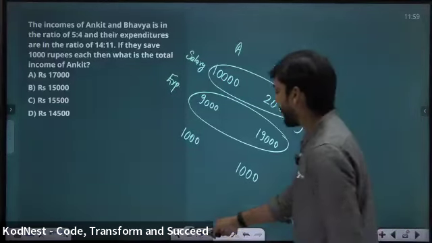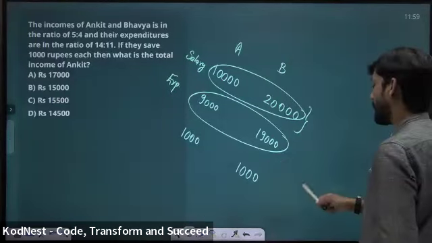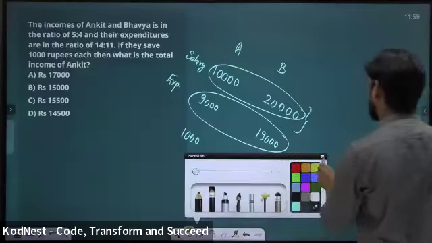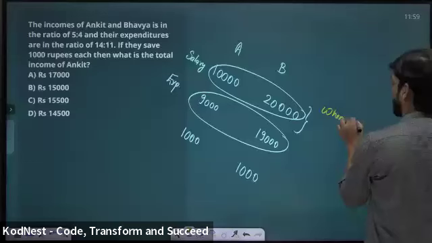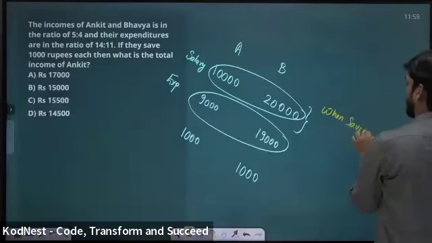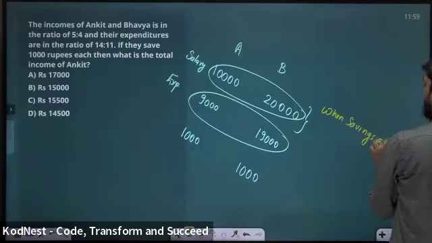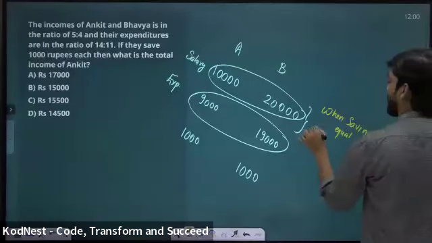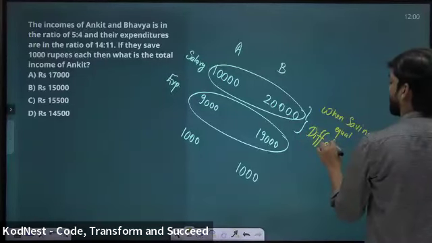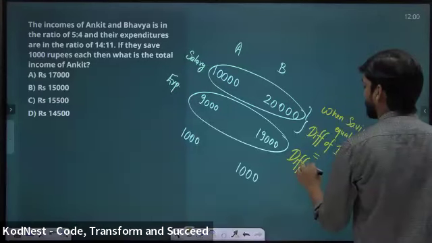Okay, so let me write this. When savings are equal, then difference of income will be equal to difference of expenditure.